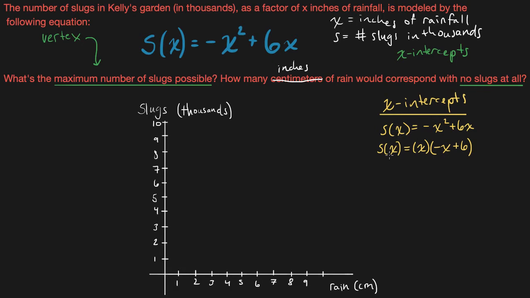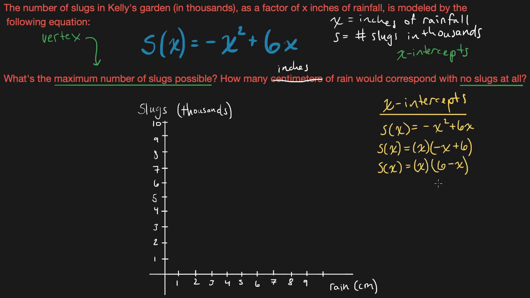All right, the next thing that I'm going to do, I'm going to rewrite this equation. I'm going to keep this x factor in front, and I'm going to rearrange these. So I'm going to put the 6 in front and the negative x second, so that it looks like that. That's just for my own understanding and clarity. I think it looks a little bit better like that.